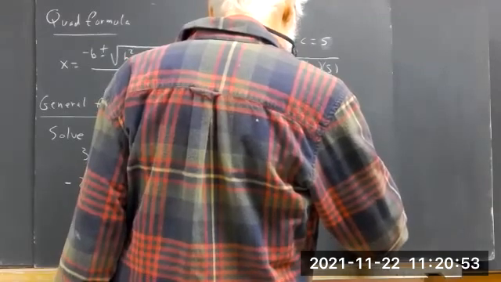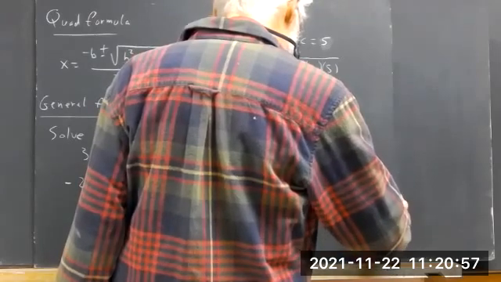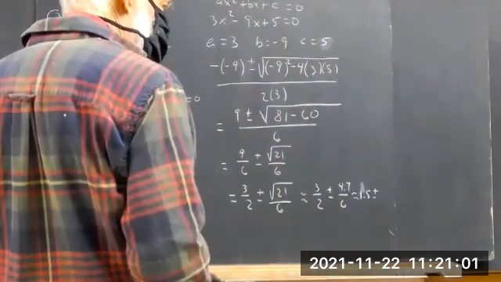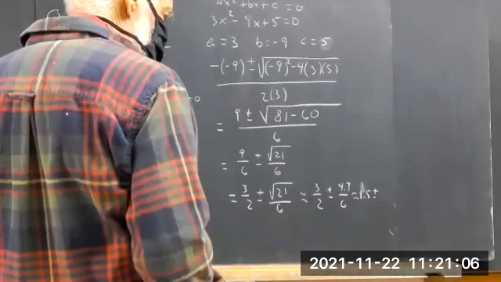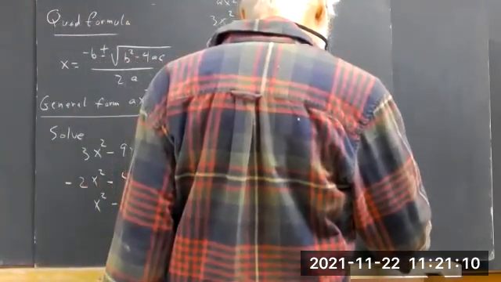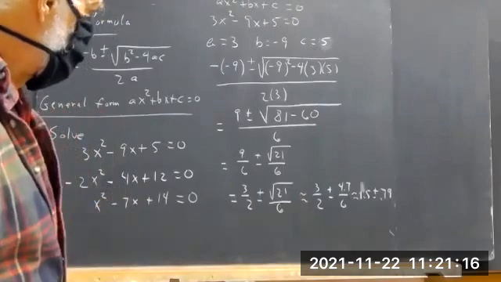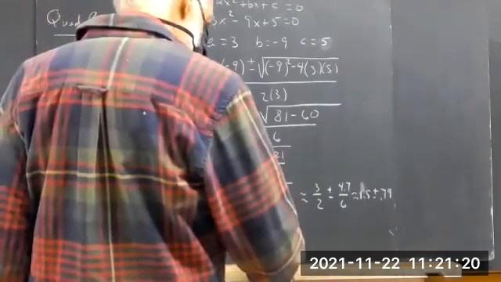Which is approximately 3/2 is 1.5. 4.7 over 6 is pretty close to 0.8. I don't know how to call this, we'll say 0.79.